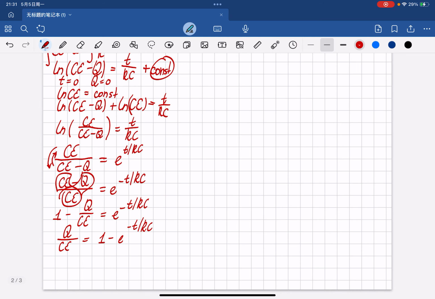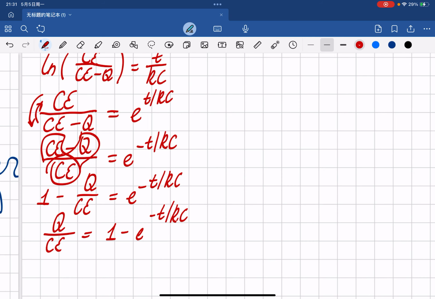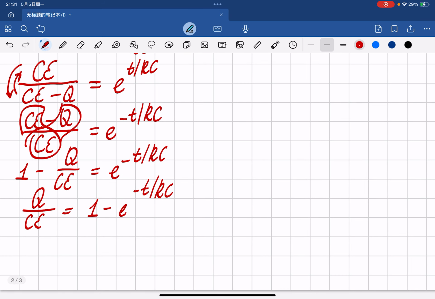And after this, charge over time will be equal to CE multiplied by 1 minus e to the power of minus t over RC.